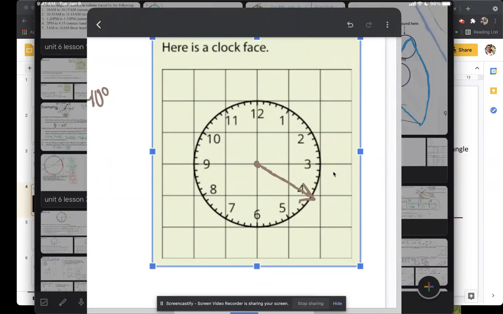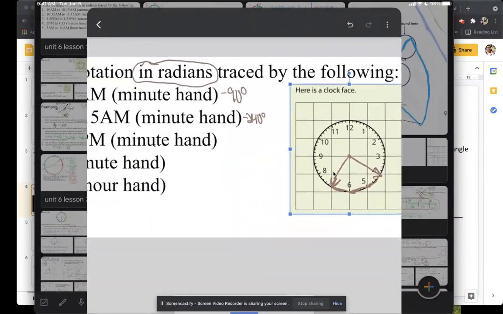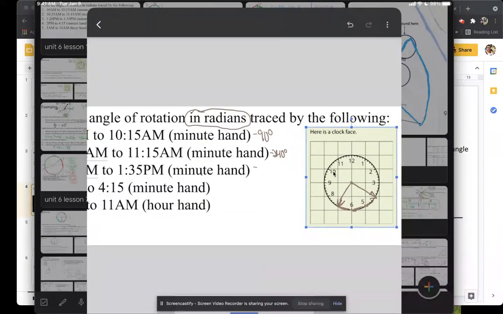And 1:35 is going to be here. So now we're going 1, 2, 3 spots at 30 degrees per spot. That's going to be 90 degrees again. So in this case, it'll be negative 90 degrees because of the clockwise rotation.